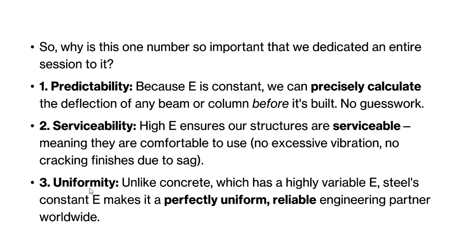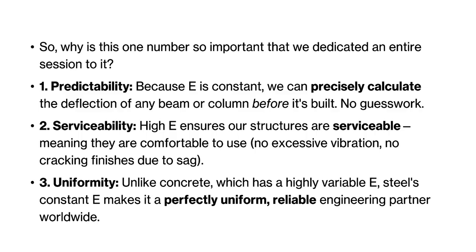Next, the third one is uniformity. Unlike concrete, which has highly variable E, steel's constant E makes it a perfectly uniform, reliable engineering partner worldwide. Why do the majority prefer steel for structures? Because steel's nature is predictable. Concrete is a mixture of different materials.